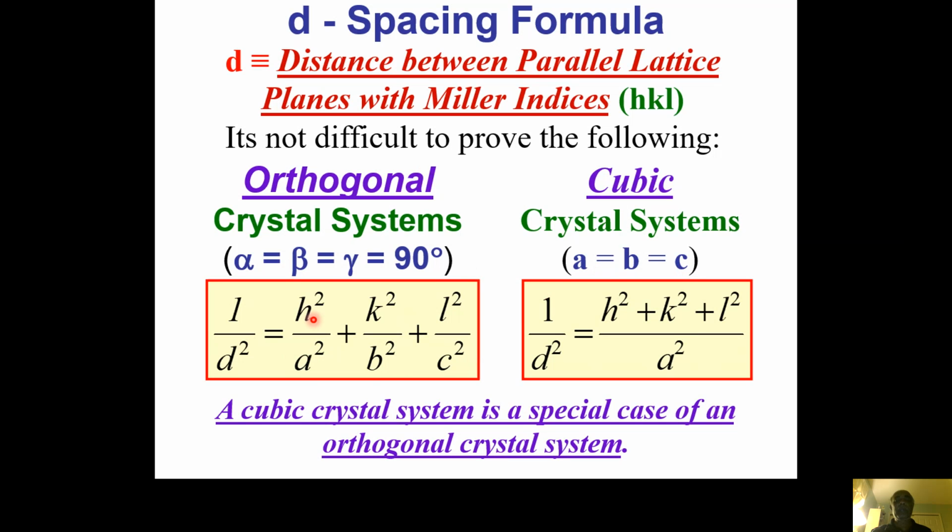But in the orthogonal case, you can write a, b, c as different. So 1 over d squared is very simple to prove geometrically: 1 over d squared is h squared over a squared plus k squared over b squared plus l squared over c squared. In the case of cubic structure, a, b, c are the same as a.